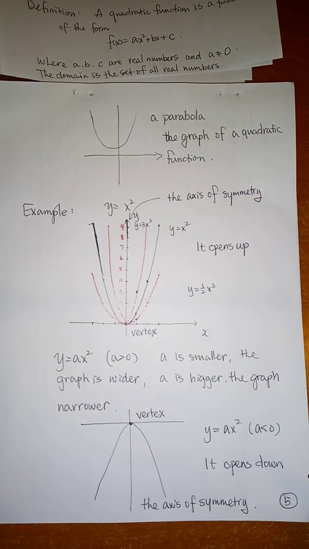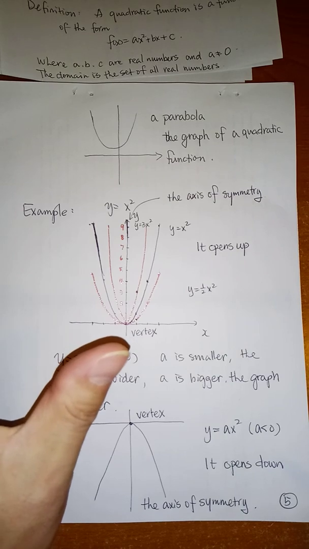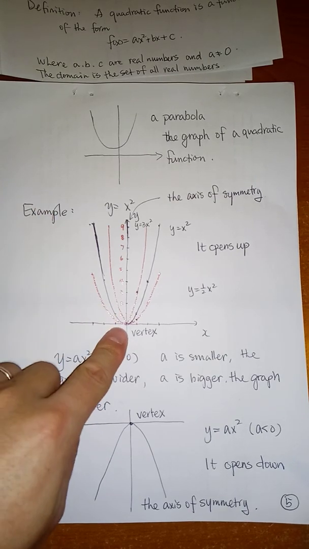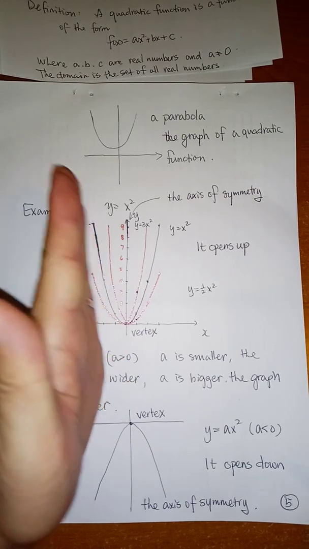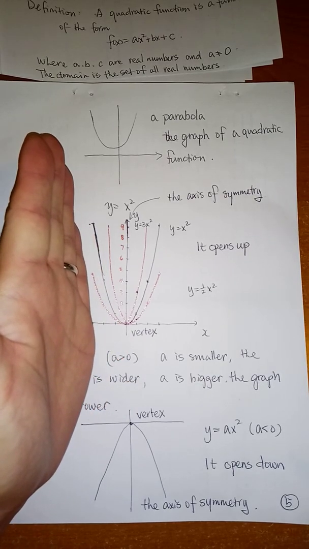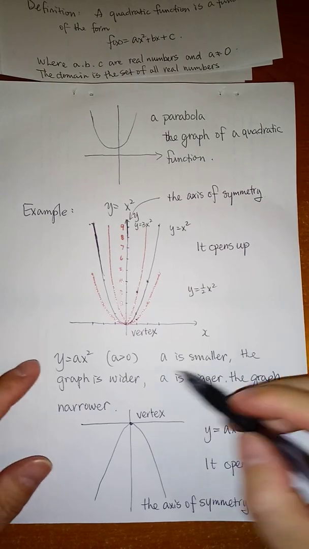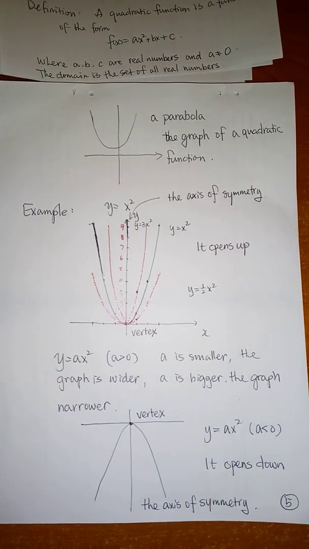So a parabola can be opening up or opening down, will have a vertex, will have an axis of symmetry. It will be narrower or wider, depending on this coefficient a.